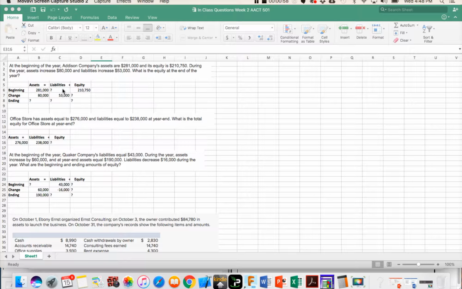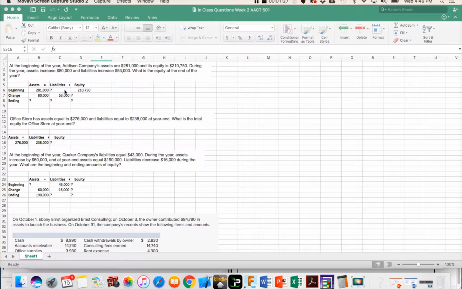As an example, I know assets, I know equity, I don't know liabilities, so that's my x. I would say 281,000 equals x plus 210,750. To get x by itself, I would subtract 210,750 from both sides of the equation, and that would give me what needs to go in x.